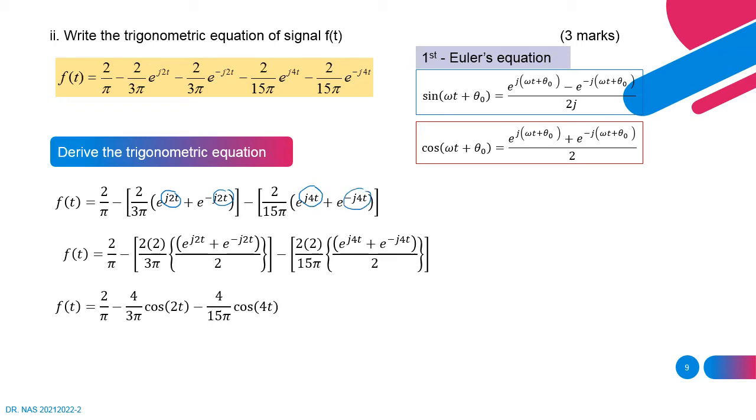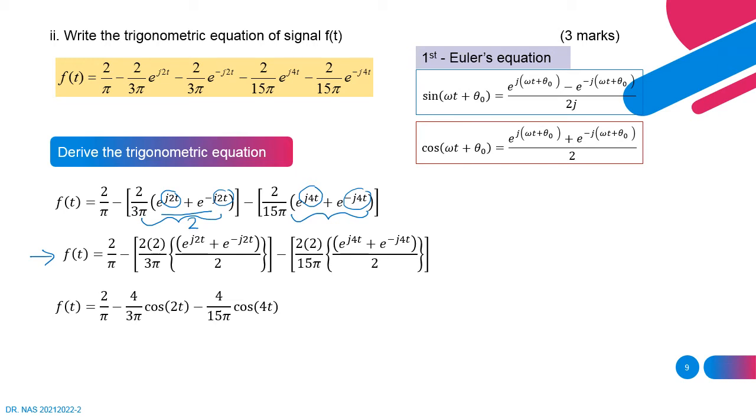So group them up, and then next step, you need to change the shape of the equation into either sine or cosine Euler's theorem in exponential form. So in this case, to get into cosine equation, the signal must be divided by 2.